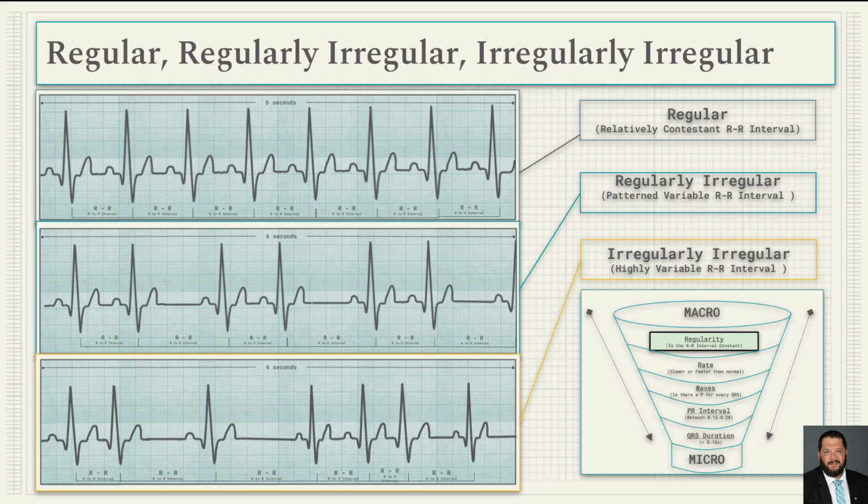This is a highly variable R to R interval seen oftentimes in rhythms such as atrial fibrillation. In fact, it will be one of the hallmarks when we talk about atrial fibrillation. So there are only 3 choices for your regularity. It's either regular, regularly irregular, or irregularly irregular.